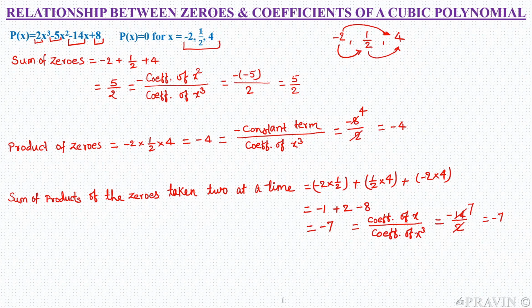Let's try to make a general form so that you can easily remember. First, take the standard form of a cubic polynomial, which is ax³ + bx² + cx + d, where a cannot be equal to 0, and you are given three zeros of this cubic polynomial, say alpha, beta and gamma.